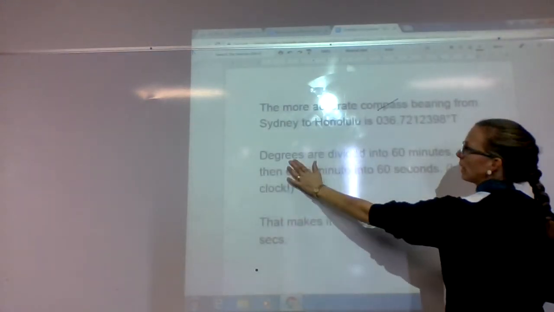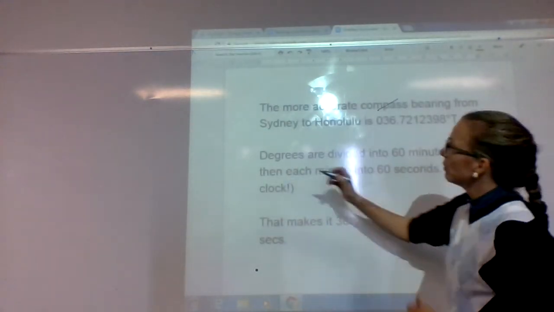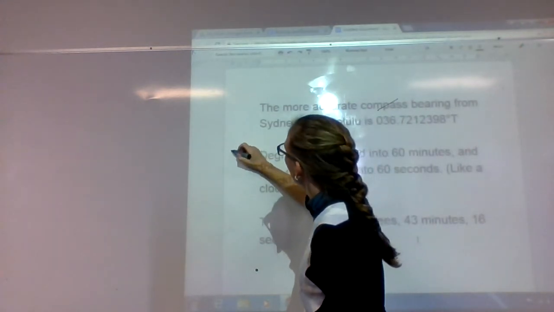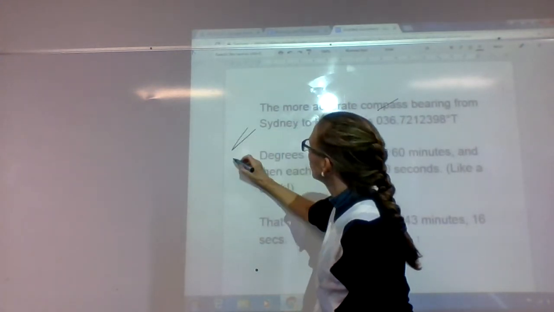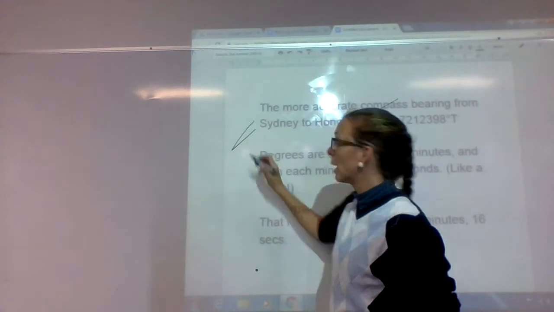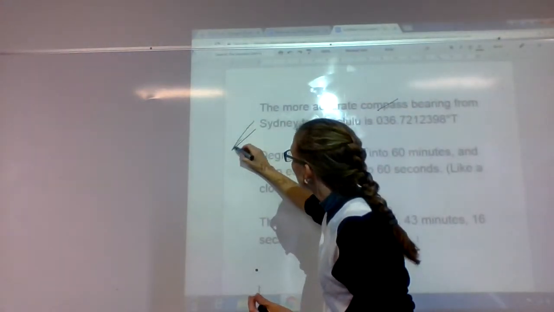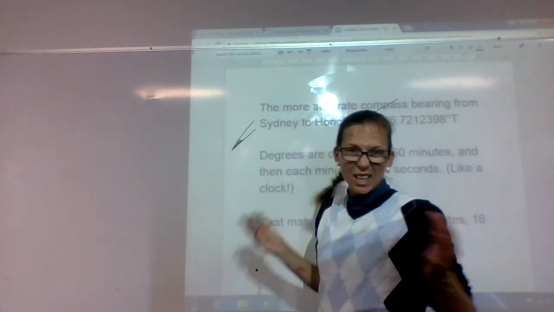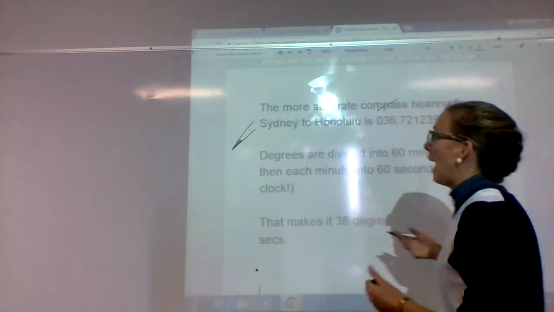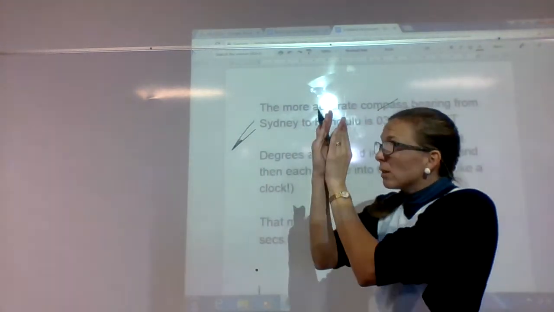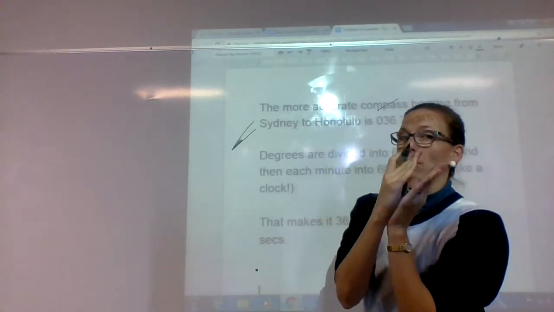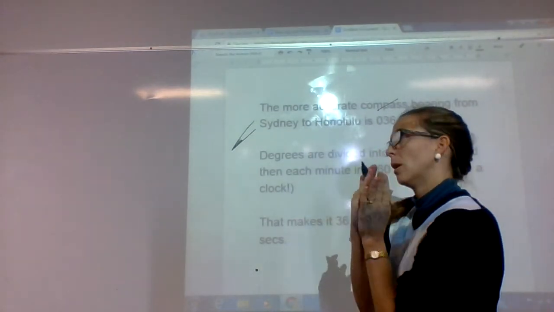So every single individual degree, this tiny little space of 1 degree, is actually able to be divided into 60 pieces, which I can't even draw, and each little section of that degree is called a minute.